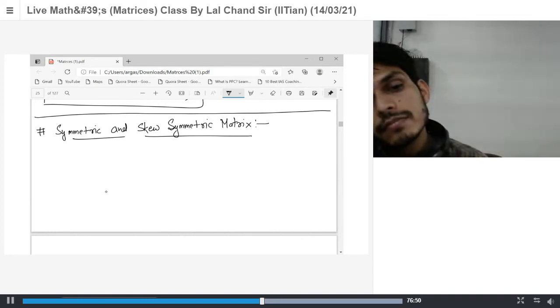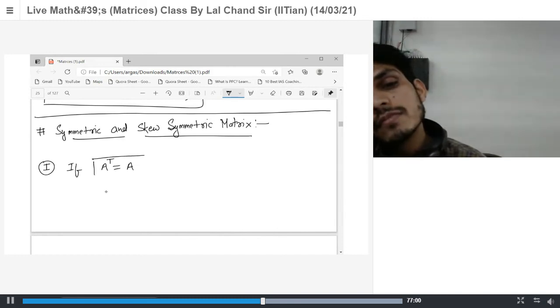First, if A transpose is equal to A, then A is a symmetric matrix.